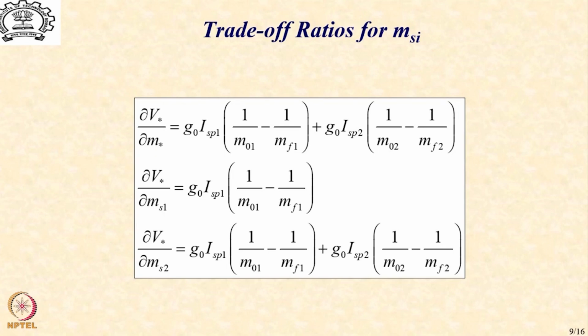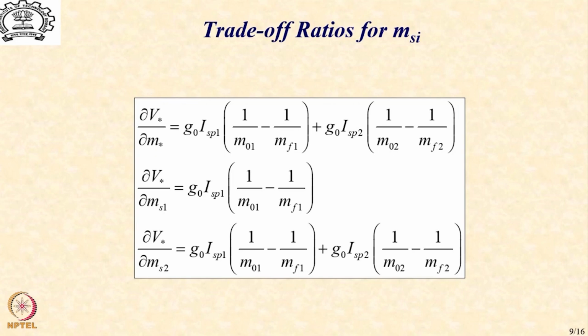We know that when we differentiate a logarithmic function, we get 1 by that function. So I can easily write ln of m01 by mf1 as ln of m01 minus ln of mf1. When I differentiate ln of m01, I get 1 by m01, and m star differentiated with respect to m star gives me unity, so no problem.